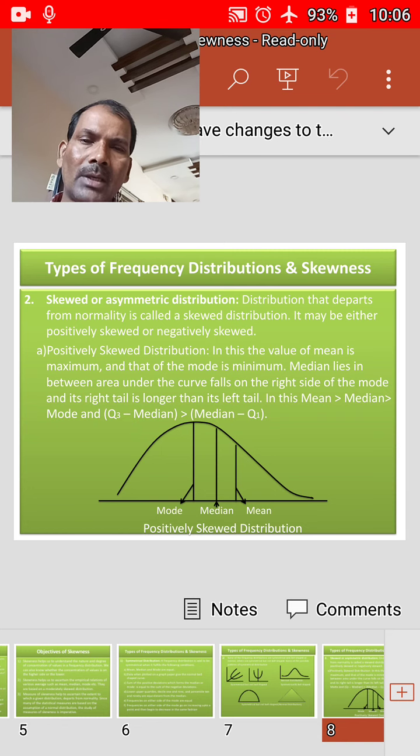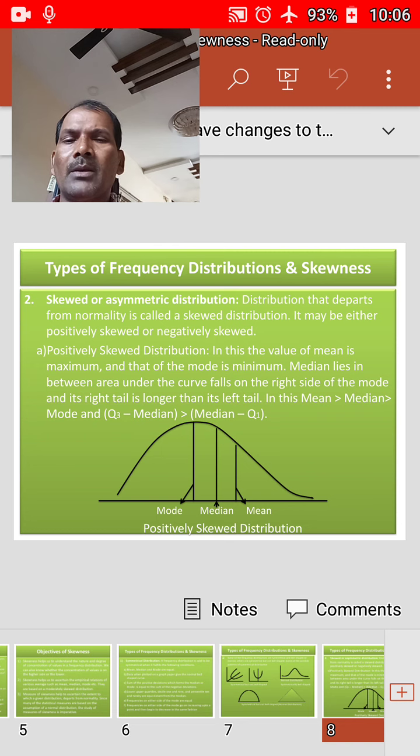In a positively skewed distribution, more than half of the area under the curve falls on the right side of the mode.